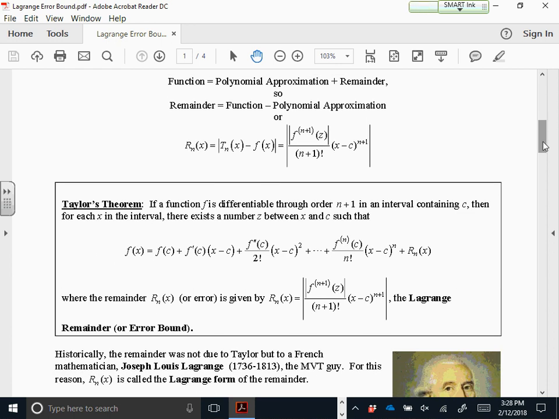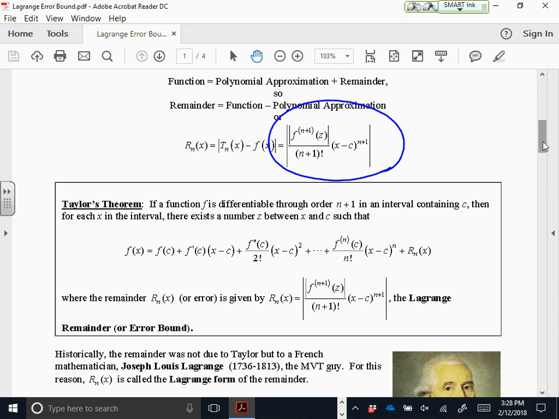Here is the difference between our Taylor polynomial and our function, and our maximum error is going to be given by this right here. First of all, it's an absolute value. It could be a little bit over or a little bit under. We're not sure, so we do the absolute value, and then later we'll add and subtract it to whatever that exact value is to illustrate the error.